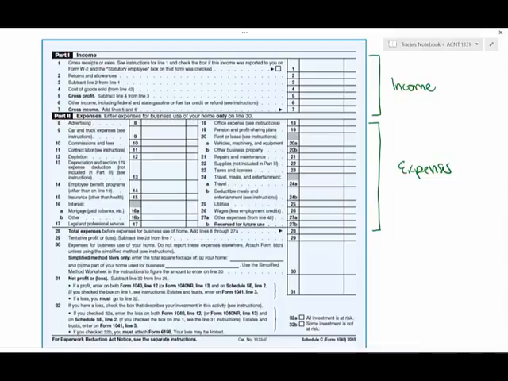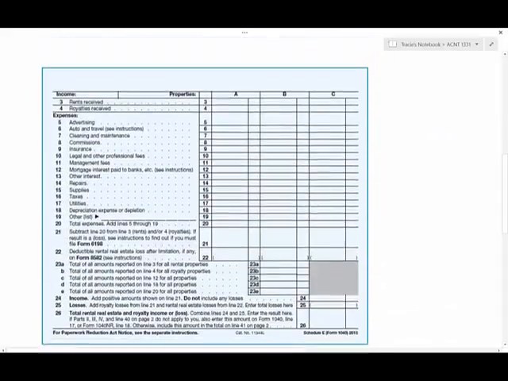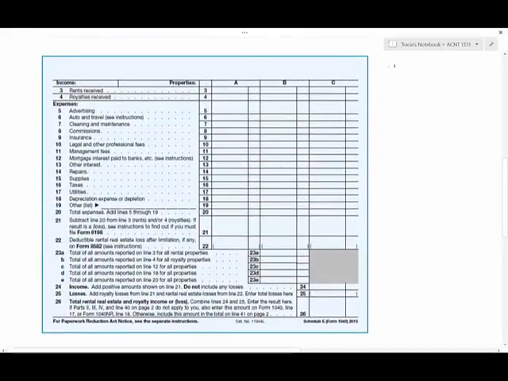Now, similarly, we have a Schedule E. And a Schedule E is what we use for taxpayers who are generating rental or royalty income. We're going to concentrate on the rental side.